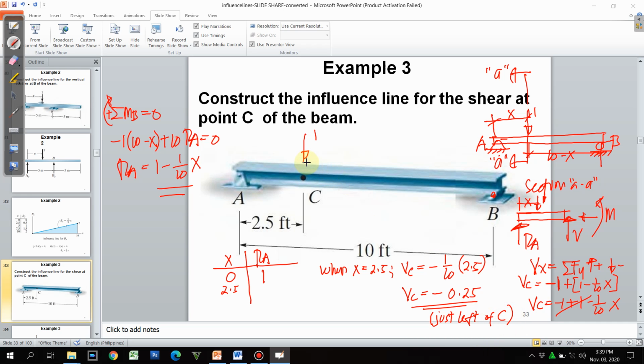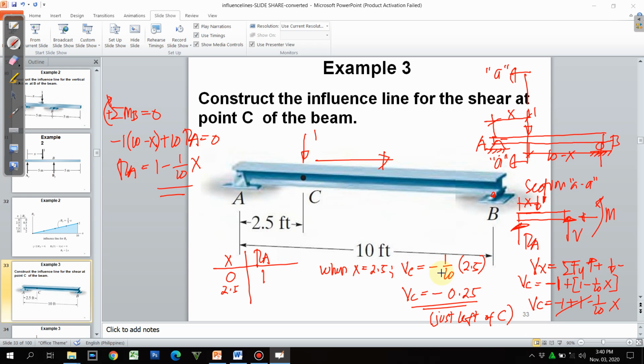Because once 1 here moves towards the right along the beam, it will now be excluded in your section AA. It will now be excluded in your section AA. So basically, as I was telling you a while ago, your VC here would not be applicable to segment CB.